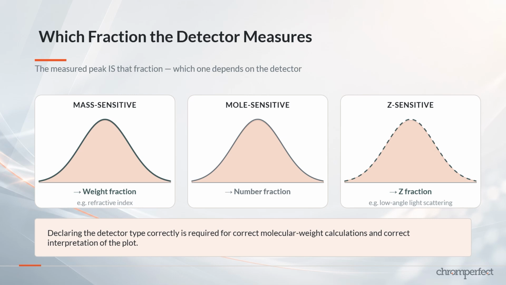With a Z-sensitive detector, such as the idealized response of a low-angle light scattering detector, the Z fraction trace would occupy that distinguished position. Correct declaration of detector type is therefore necessary not only for the numerical calculations, but also for correct interpretation of the plot.